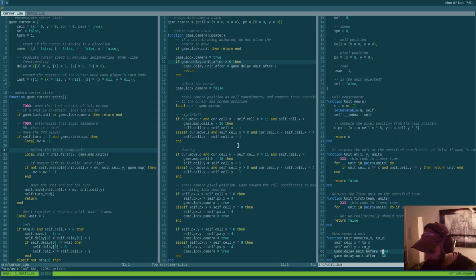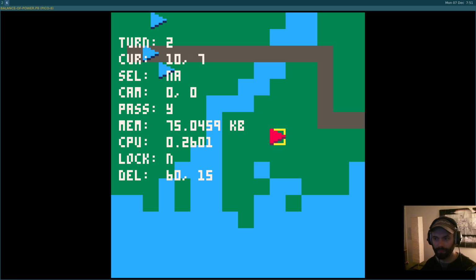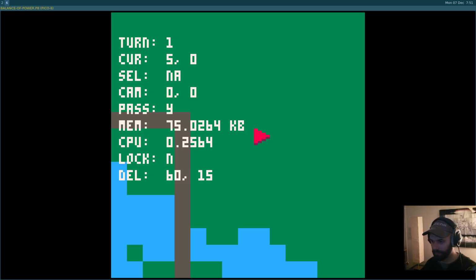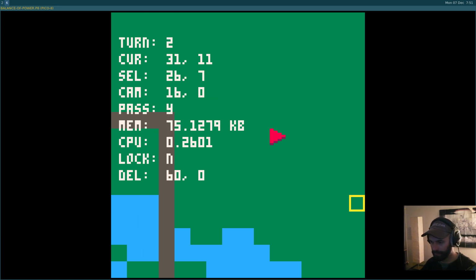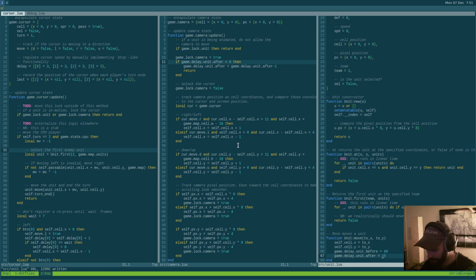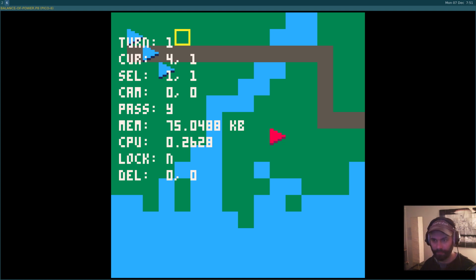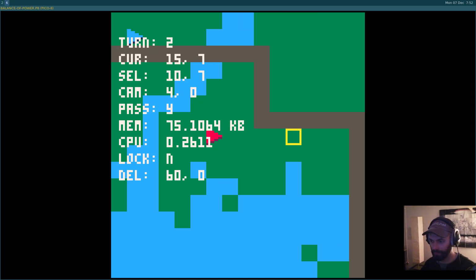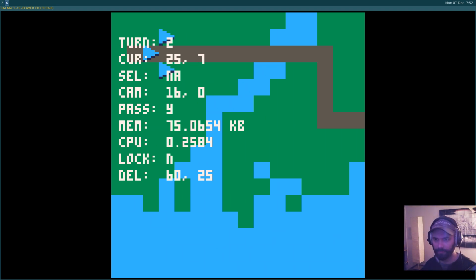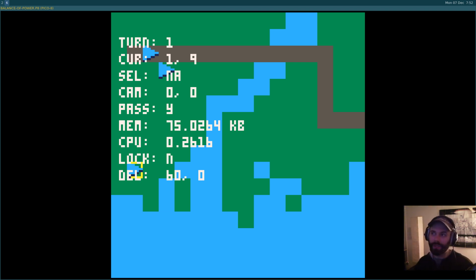Two-player mode is great. Two players is exactly what we want. We just need a change in one-player mode.